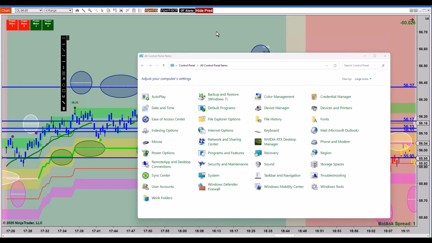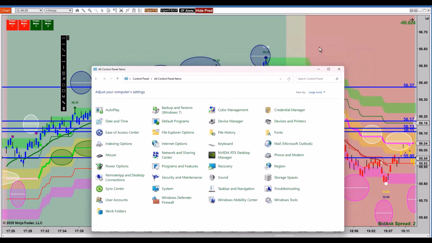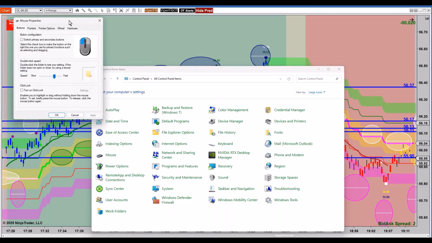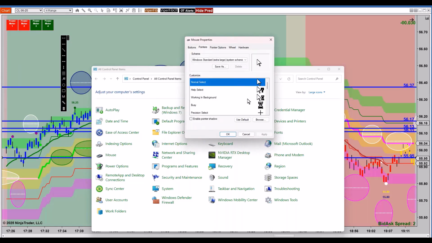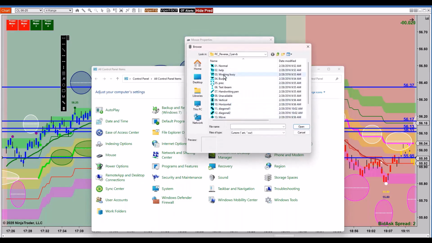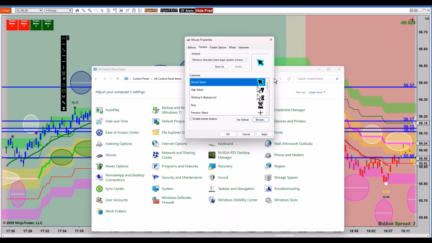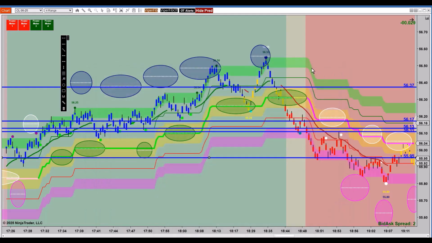I don't know what to tell you on the cursor. Sometimes I can see a big cursor on my chart and you're not seeing the same cursor. There must be something to do with GoToWebinar. I'll see if I can fix it real quick. Okay, you're able to see it though. I guess we'll have to live with it, because I've got a cursor about a good three-quarters of an inch large.